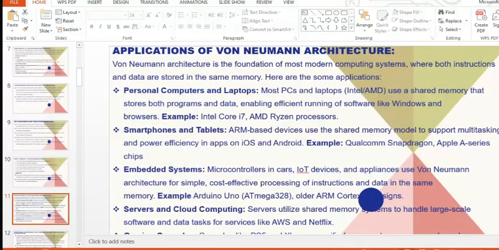Let me make it clear: as you proceed in your academic landscape, you're going to interact with this. Next week when I come, I'm going to bring these embedded intelligent systems, devices like the Raspberry Pi.